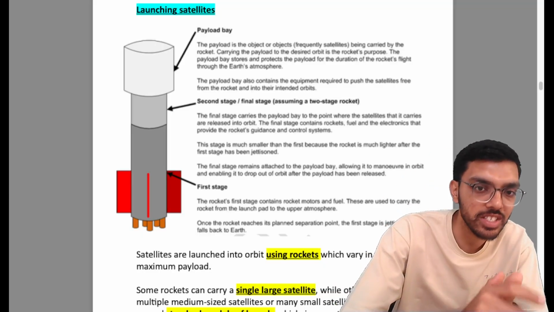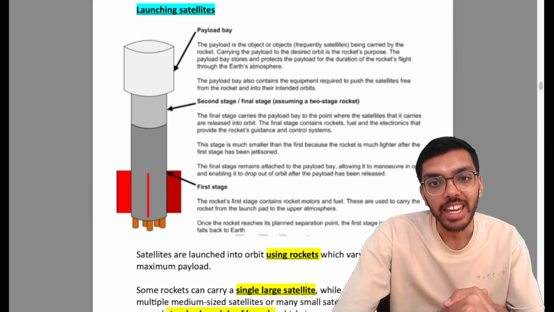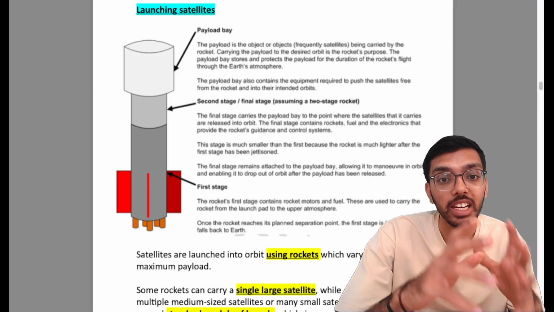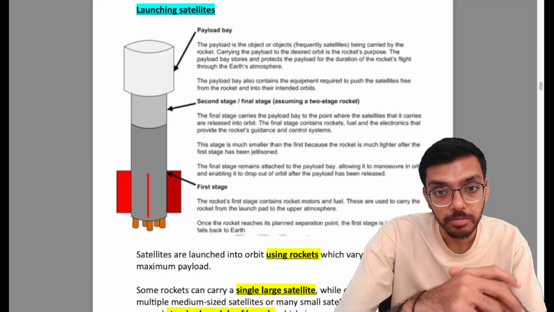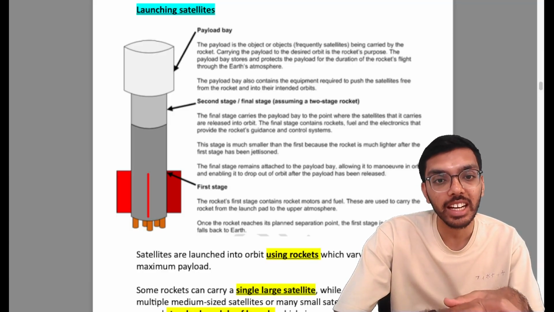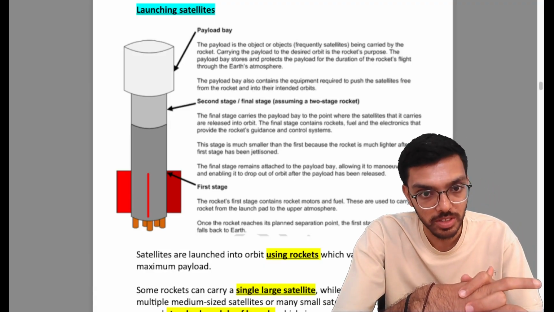Then there is second stage. The final stage, or the second stage, carries the payload bay to the point where the satellites that it carries are released into orbit. The final stage contains the rocket's fuels and the electronics that provide the rocket's guidance and control system.